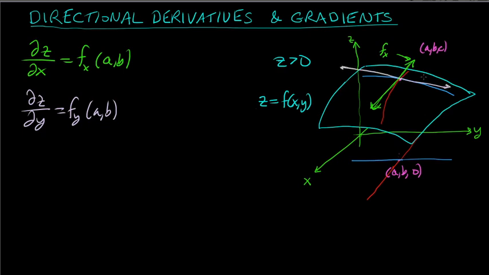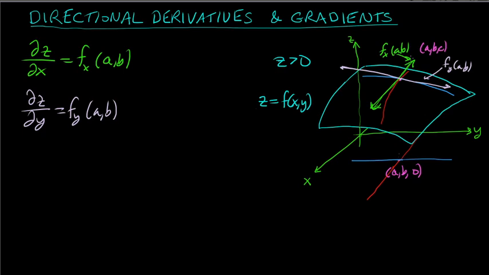So the slope of this line here will be f subscript y, again plugging in the a and the b. So at that specific point, you get a specific value. All right, so that just reviews the partial derivatives.